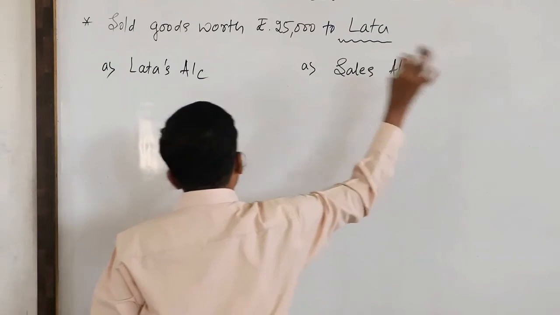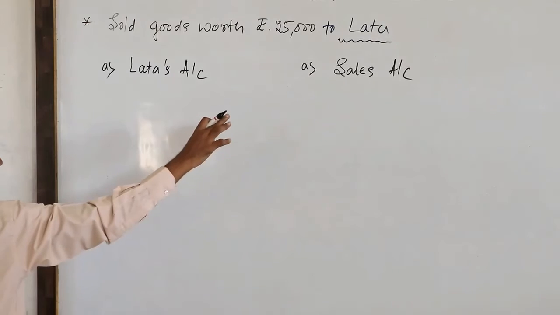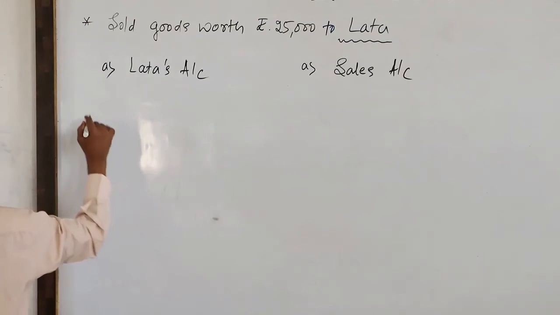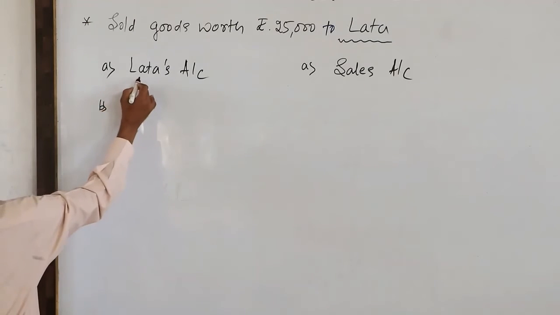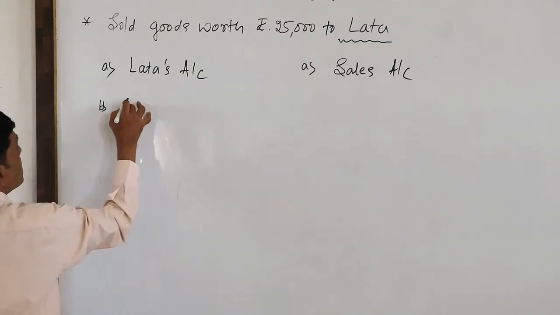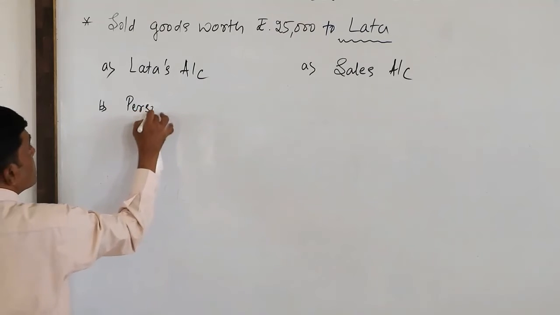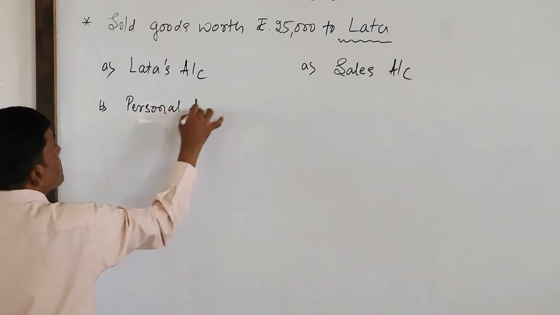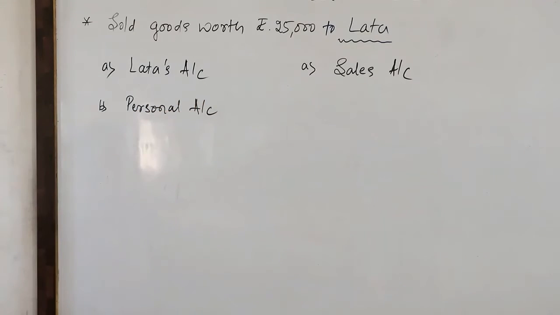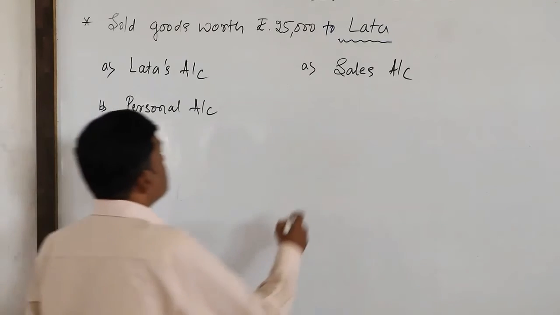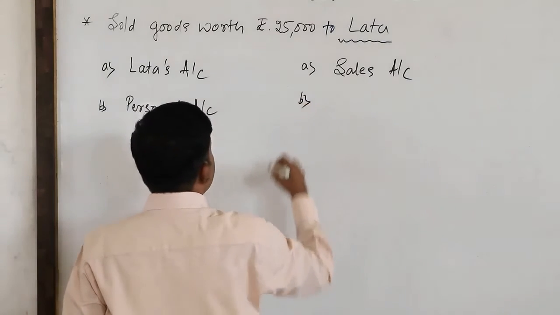Even you can write goods also instead of sales. So one you have to write. Now Lata is the name. She is the person. So she comes under personal account.